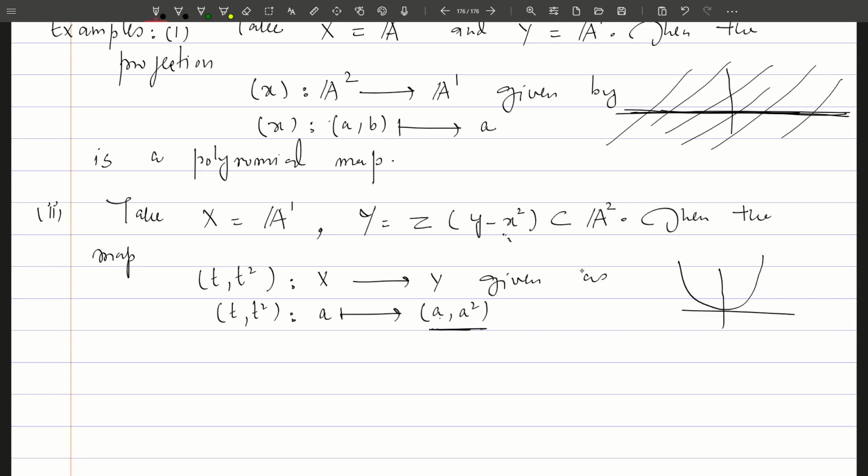This is the zero set of this element here. So this is the point a and this is the set Y. So clearly this point, which is a square, lies in the zero set of the polynomial. So one can see this map is a polynomial map because it is given by a polynomial.